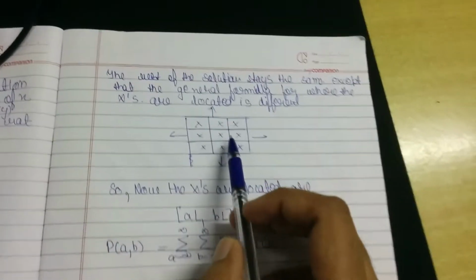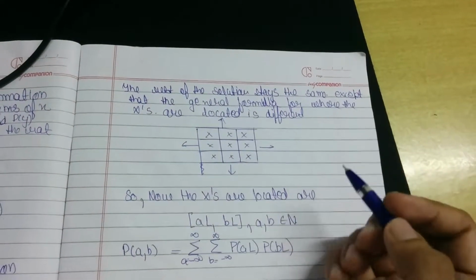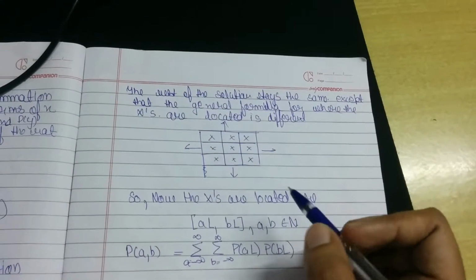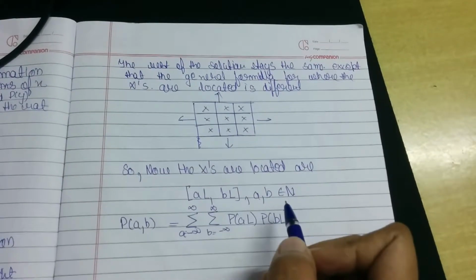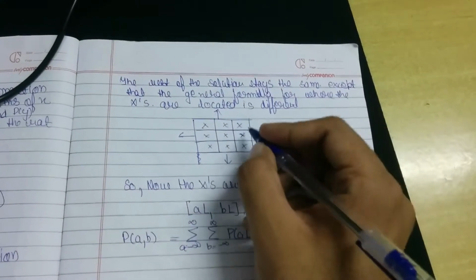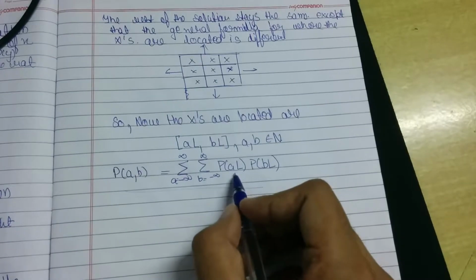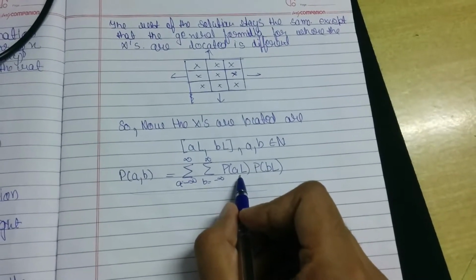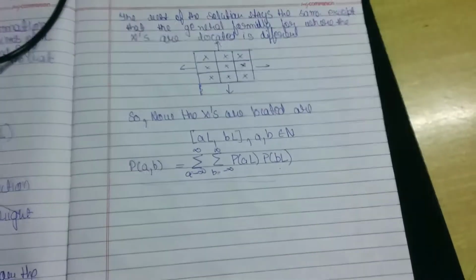The only difference it will make is in the virtual world: instead of the cat being projected at 2k plus 1, 2p plus 1 times L, it will be a of L and b of L, because it will still remain at the center of that grid. So our answer will be the same, but instead of 2k plus 1 times L and 2p plus 1 times L, it will be a of L times b of L. Thank you.